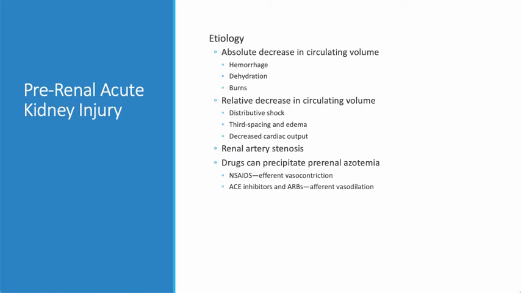But there's this massive vasodilation that happens in distributive shock, and that means that there's relatively not enough fluid. So we've got to tank those patients up, give them enough fluid volume in the intravascular space, and make sure that the blood flow gets to the kidney.